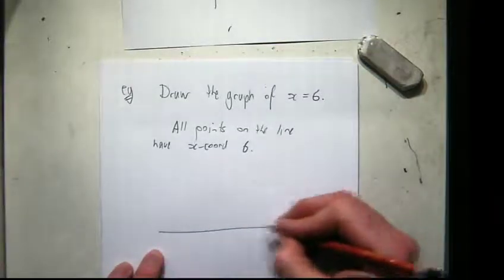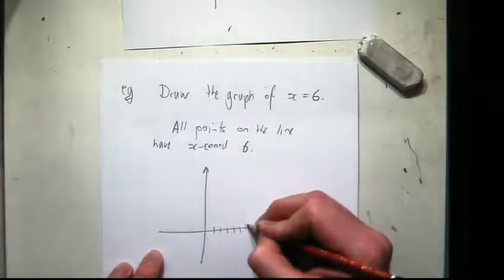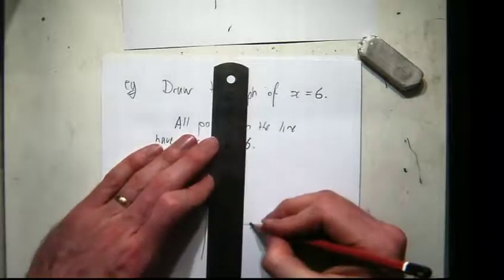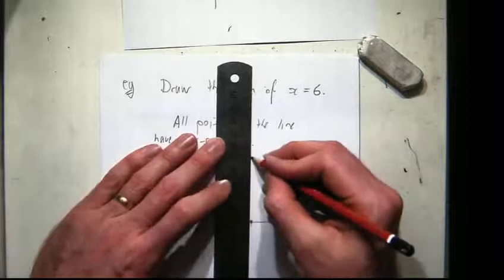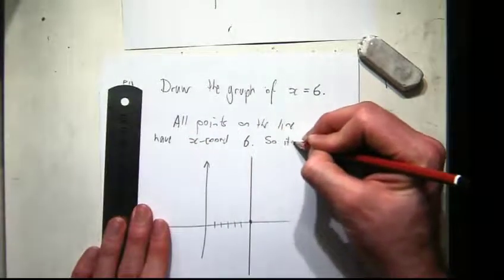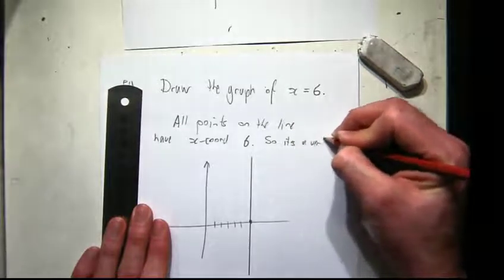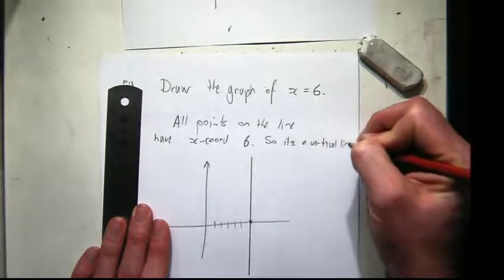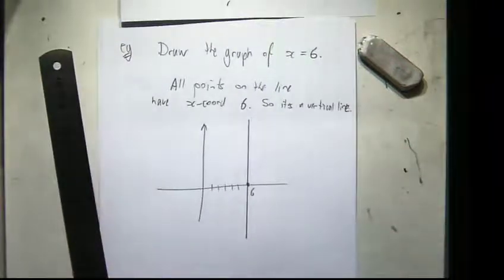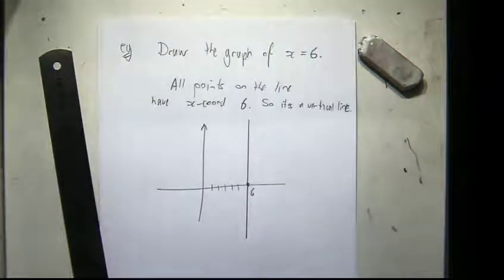All right, they all have x-coordinate 6. And so therefore, here's (6, 0), (6, 1), (6, 2). It's a vertical line. Because if you just colour in all the points that have x-coordinate 6, you will get a vertical line.